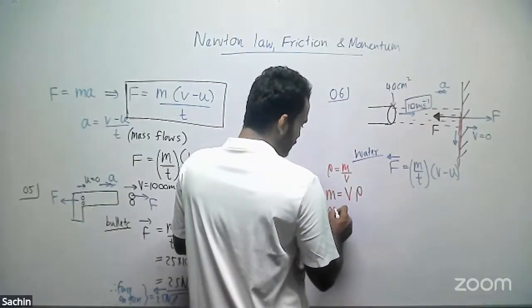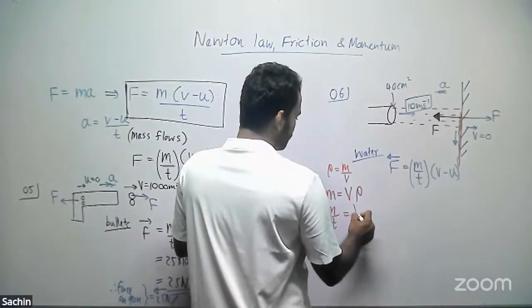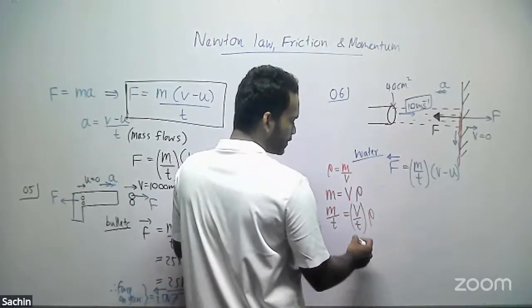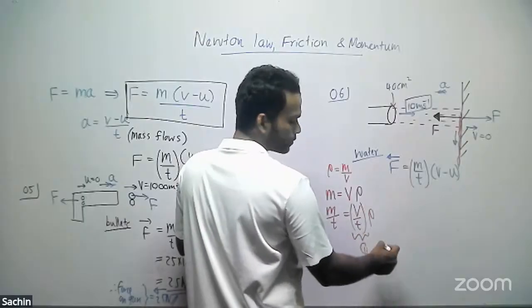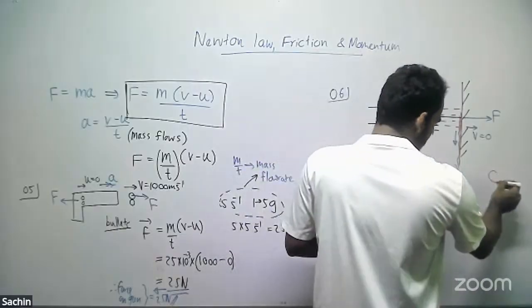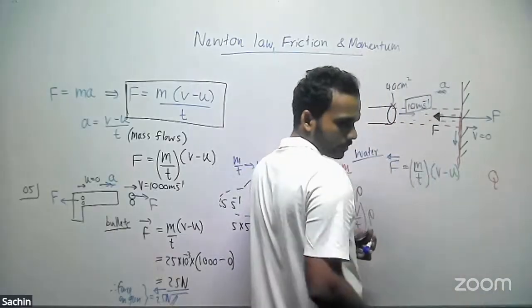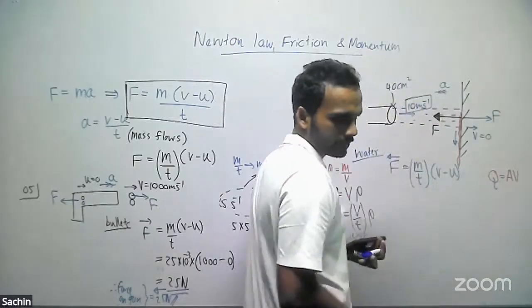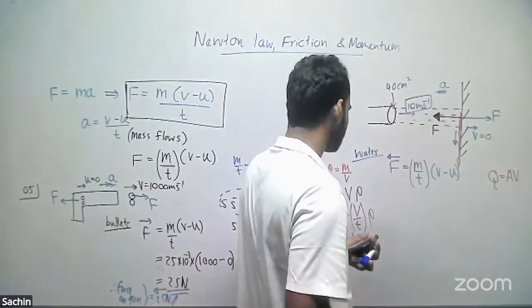So if I divide both sides of this equation by time, volume divided by time is the rate of change of volume. That means the volume flow rate, Q. In hydrodynamics, we prove that the volume flow rate is given by Q equals AV, cross section area times velocity.